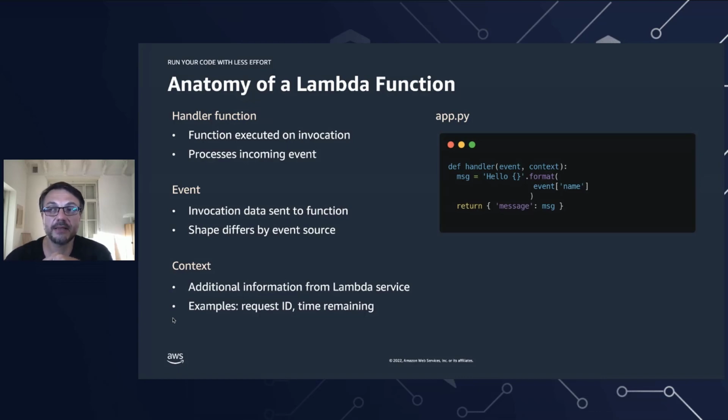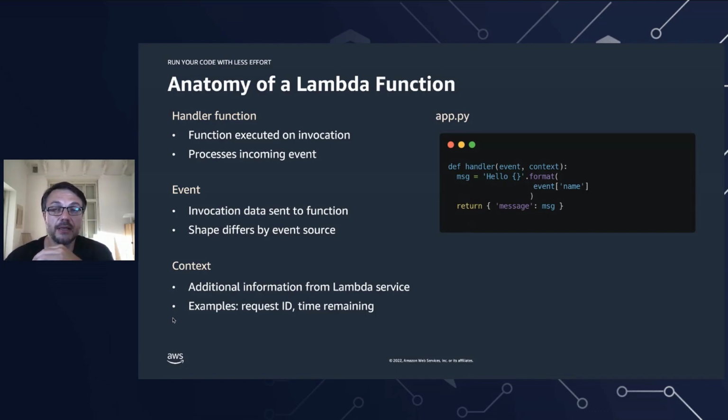And the event parameter will have all the information about the event itself, about the data which was sent by the external system to the function. For example, if it's an API Gateway call, it will have some information about HTTP headers. If it's a POST request, it may contain information about the body of that request and any additional information.